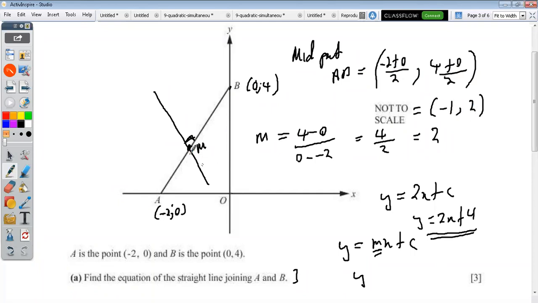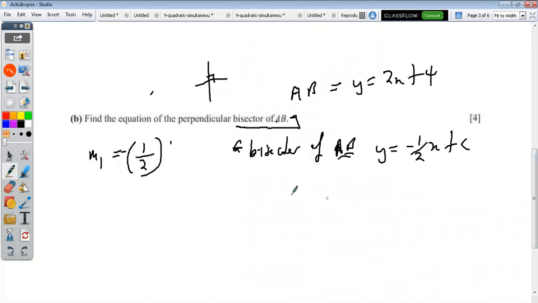Are we together? Yes, sir. So now we know the midpoint is minus 1, 2. So this line passes through this point of intersection. So we now substitute to find C, because we're saying when Y is 2, X is minus 1.